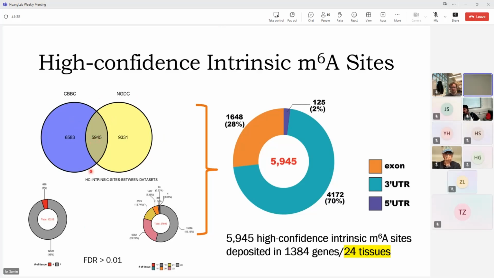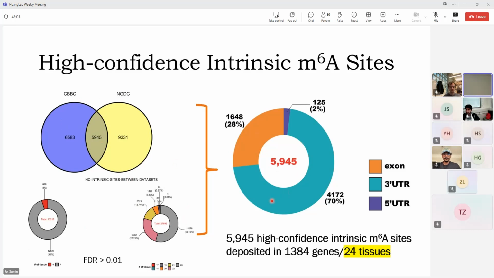That means these sites exist in 7 tissue types in CBBC and also 23 different tissue types in NGDC at the same time, even though these two data sets have higher inter-sample and intra-sample variability between them.